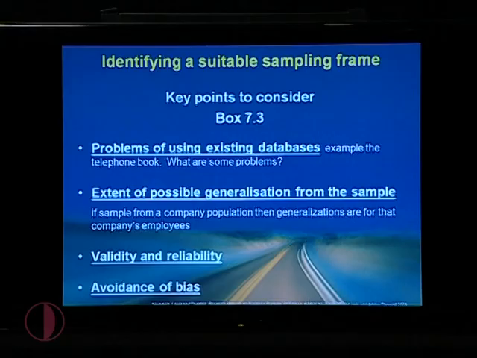There is a problem of using existing databases to choose a suitable sample, maybe from a phone book, from an email list, etc., and the extent of possible generalization from the sample.